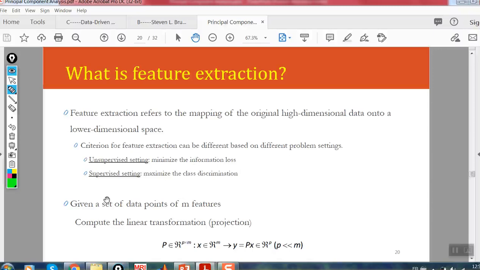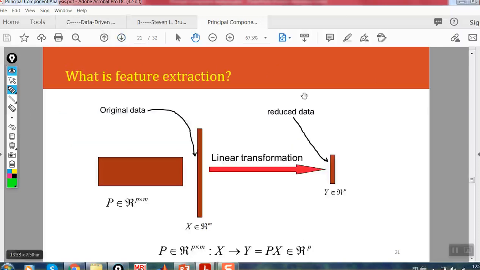On the other side, we can maximize the class discrimination. We can extract the features with which we can distinguish and recognize the classes better. Okay.